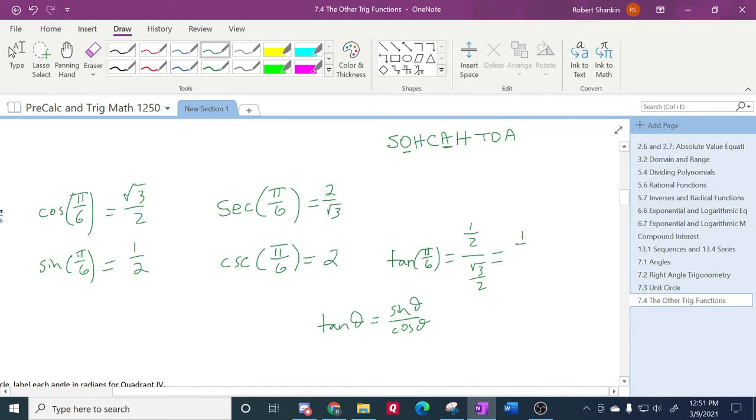Now, this is 1/2 times copy dot flip. And the 2's cancel out. I get this. Now, once I get the tangent, I could do the cotangent.